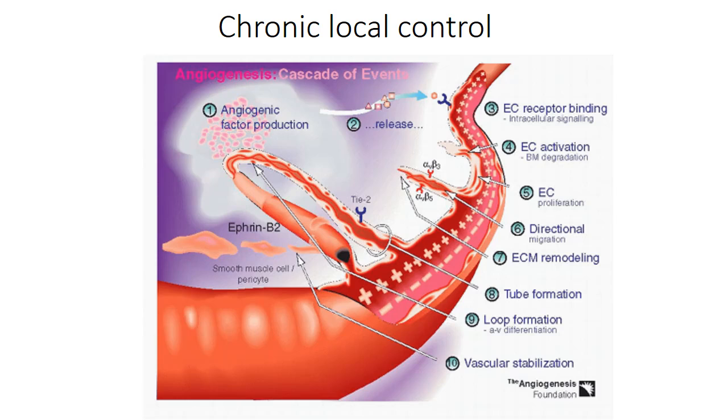And during angiogenesis and vascularity, the maximal blood flow is important. It means that when the blood flow reaches the maximum level, angiogenesis is regulated or produced based on maximal blood flow.